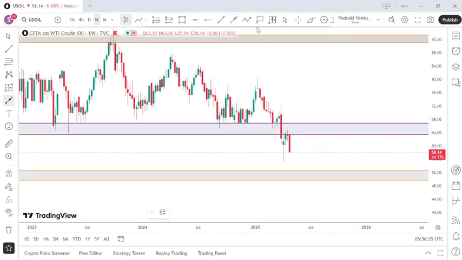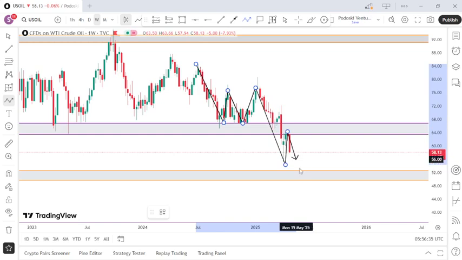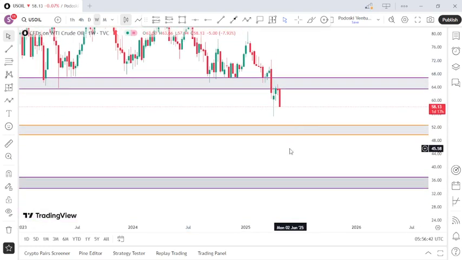You see a very nice one actually: a lower low, lower high, equal low, equal high, a new low, then a high. We want to see the same structure again. But since price is already going in the direction, I'm just going to be looking for entries from here all the way to the downside on US oil.